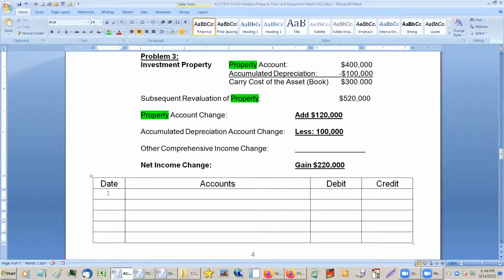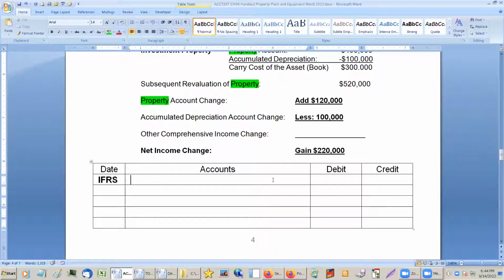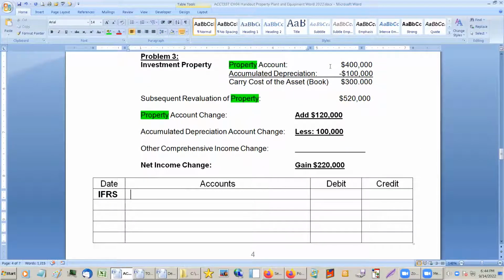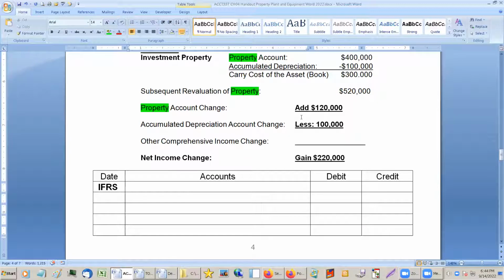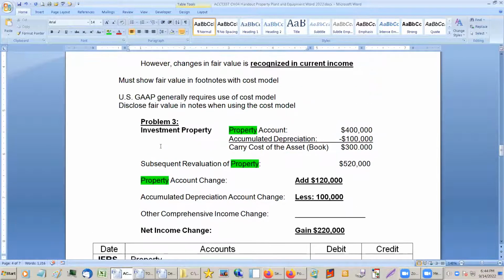We'll go ahead and put the IFRS, how IFRS would do it. And then I'll just say we'll reverse it out, once we know what the original entry is, it'd be easy to reverse it out. Okay, so let's see, the property account. The investment property, yeah.